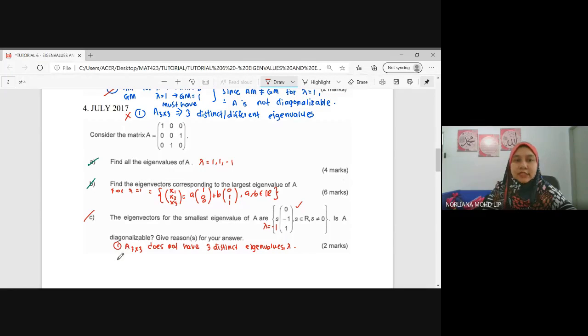So we have to prove the second condition.